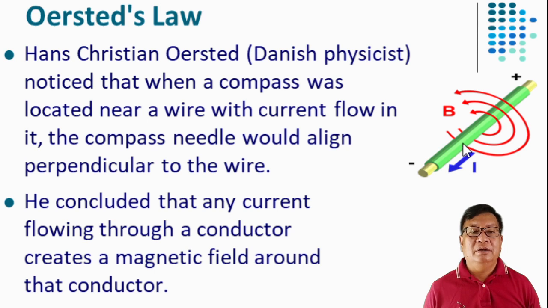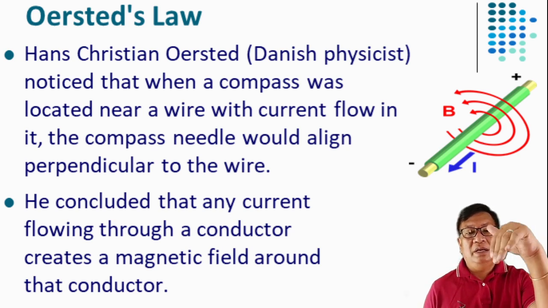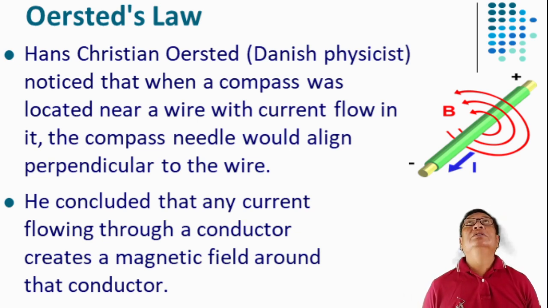Mayroon naman po itong arrow sa ibabaw. Kung titignan nyo po, ito po yung conductor na mayroong kuryente, mayroong mapoproduce dito na magnetic field in this direction. We have this flux density B.